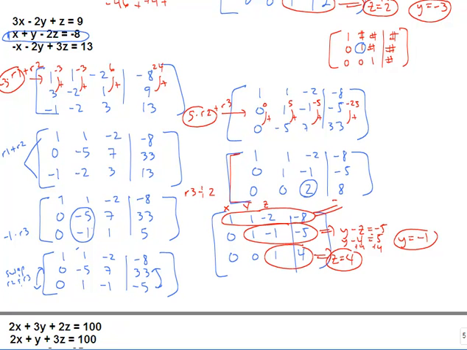Translating this, we get x plus y minus 2z equals negative 8. And let's substitute in. Y is minus 1. Z is 4. So we get x minus 1 minus 8 equals negative 8, or x minus 9 equals negative 8. And if I add 9 to both sides, negative 8 plus 9 gives me x is 1. So my solution is 1 for x, negative 1 for y, 4 for z.